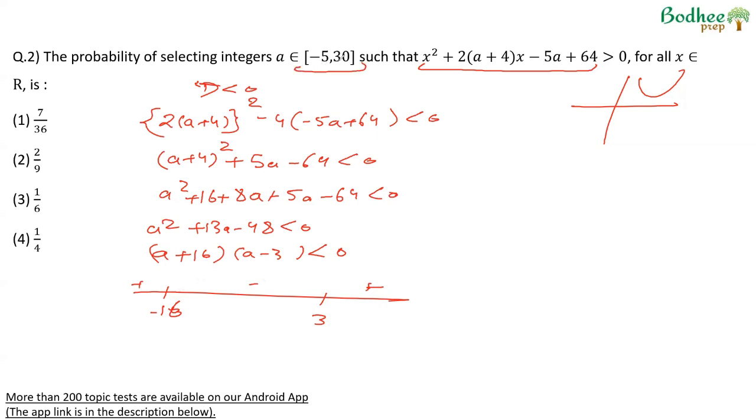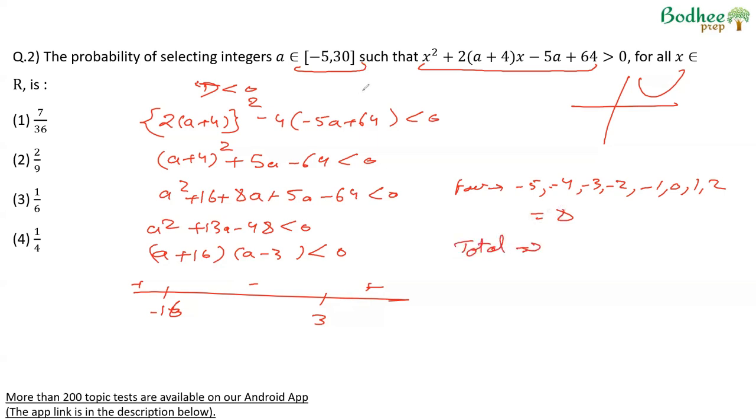Our range was minus 5 to 30. So the favorable cases will be, value of a could be minus 5, lies in this range, minus 4, minus 3, minus 2, minus 1, 0, 1, 2. Here equal to is not there, so a cannot be 3. So 1, 2, 3, 4, 5, 6, 7, 8. 8 favorable cases.